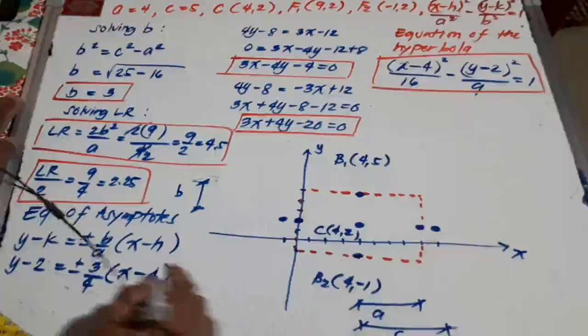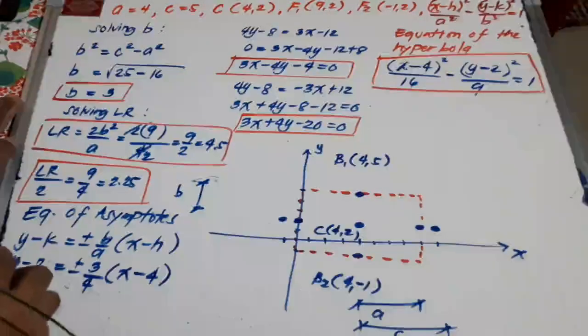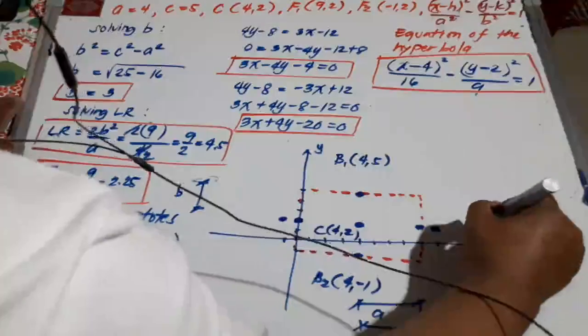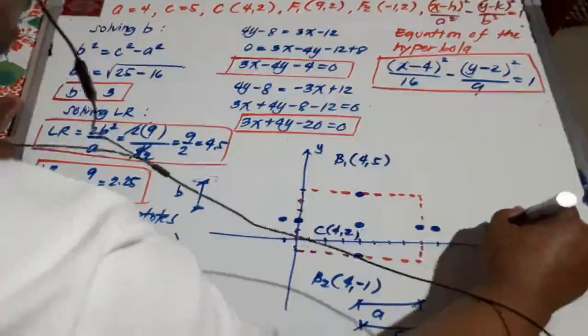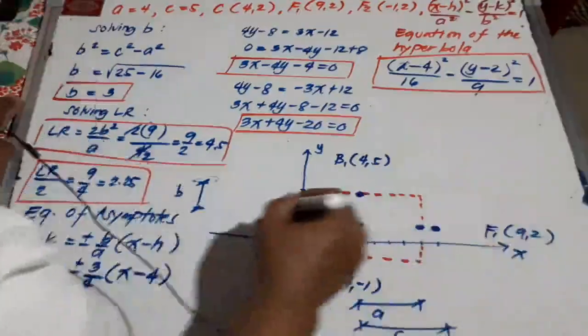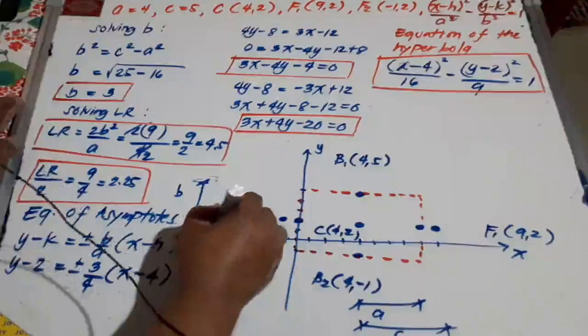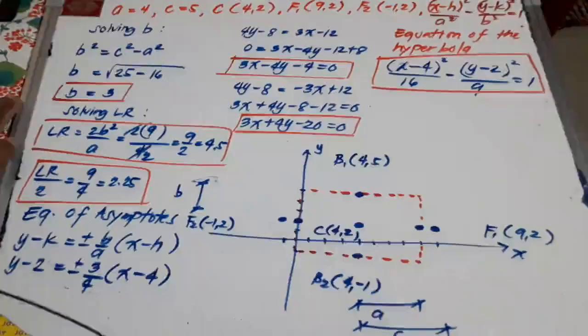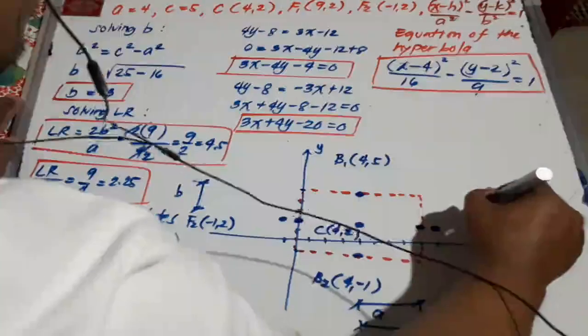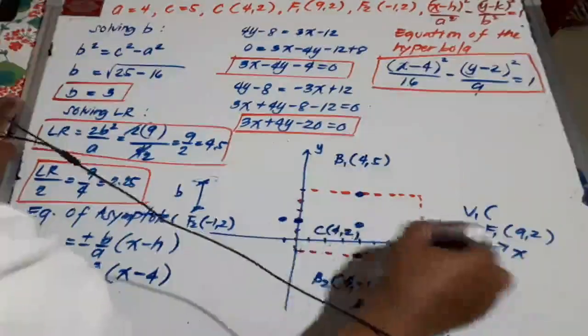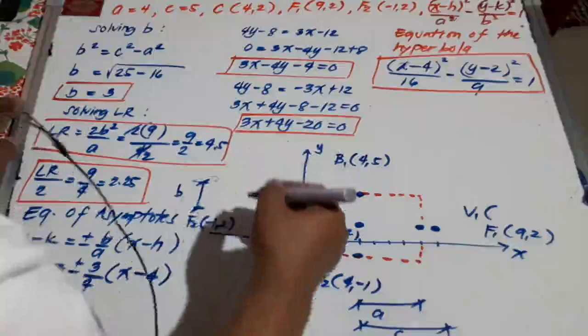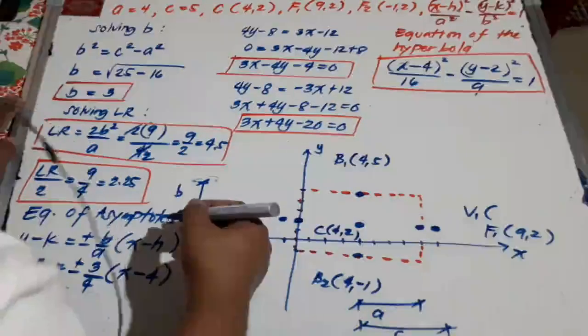Okay? So, ito ang F1 natin, 9, 2. F2 natin, negative 1, 2. Okay. For the vertices, ang coordinates niya, B sub 1, magdadagdag ka lang ng 4 units from the center.